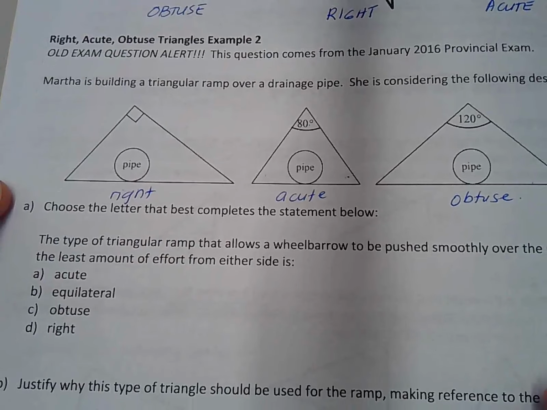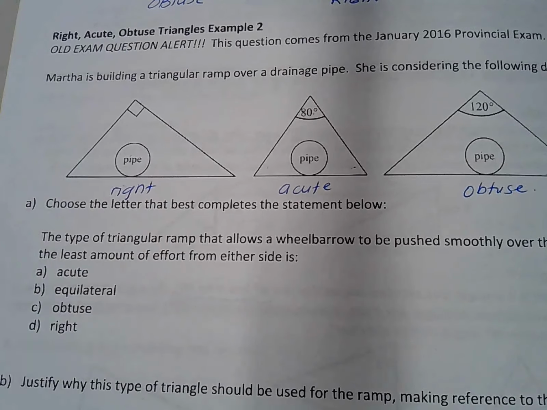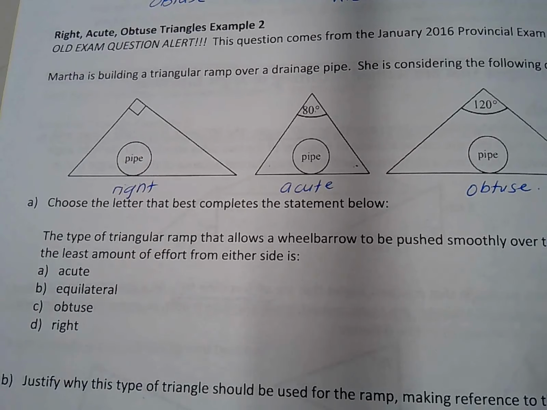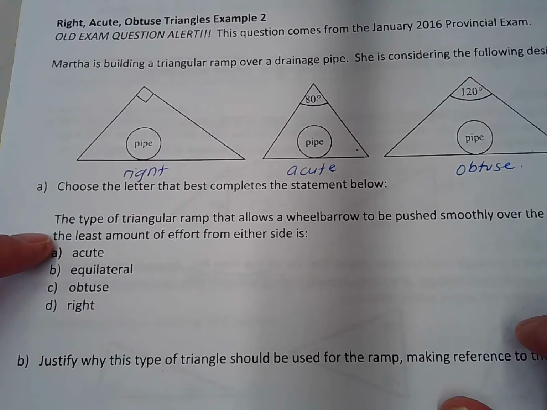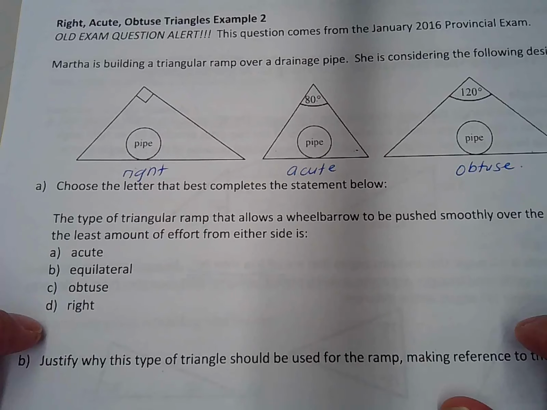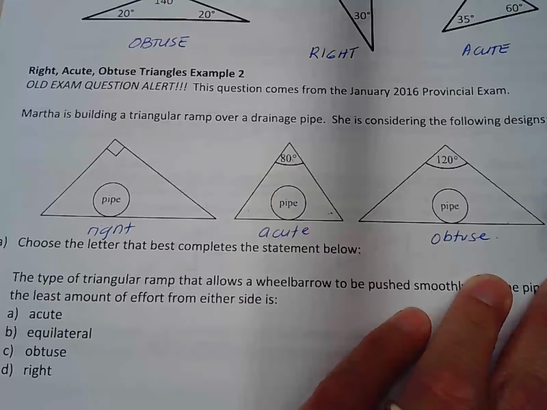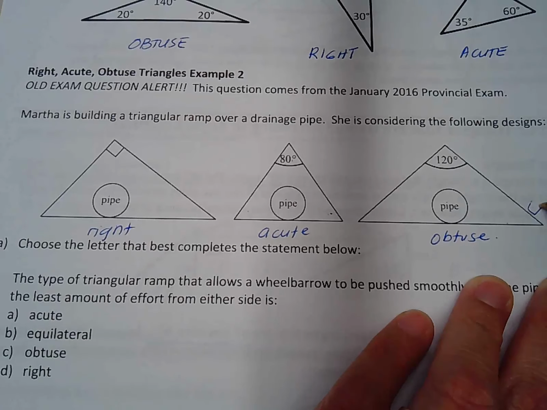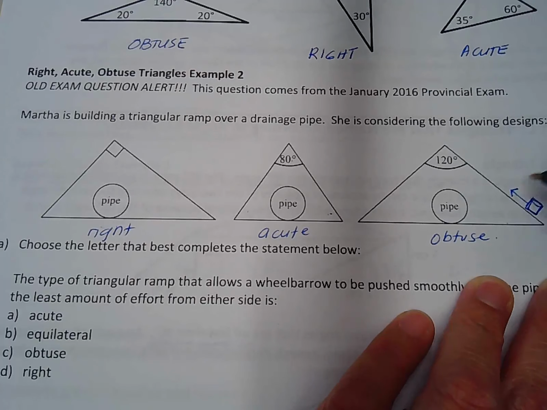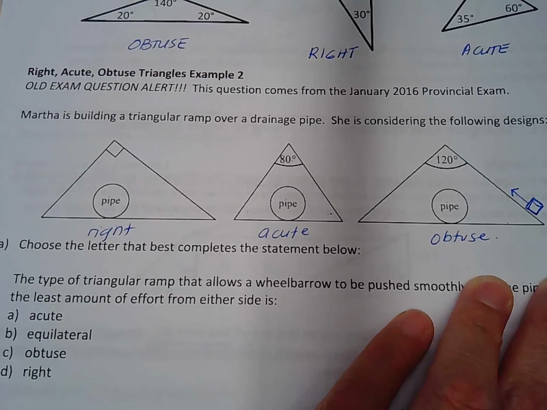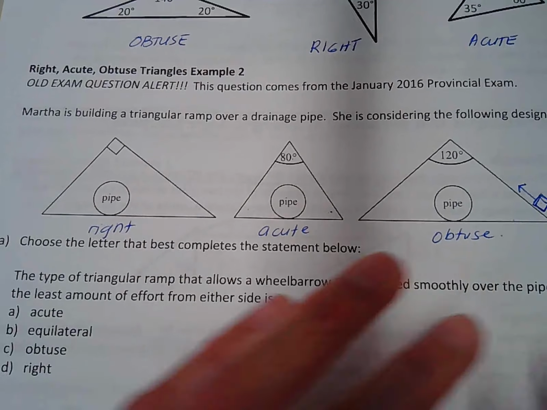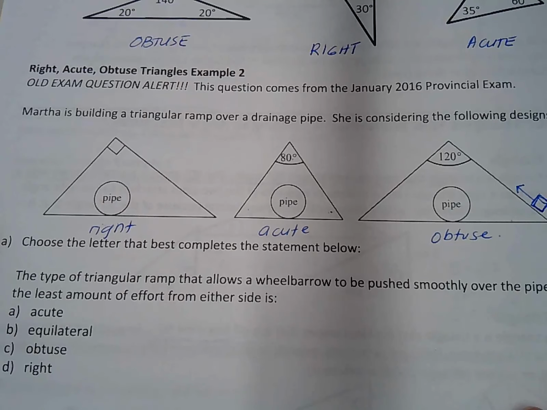So which one would be the least effort if you were to push a wheelbarrow on each side? Acute, equilateral, obtuse, or right? Imagine yourself pushing something in here. Which one would have the least amount of effort? The obtuse?